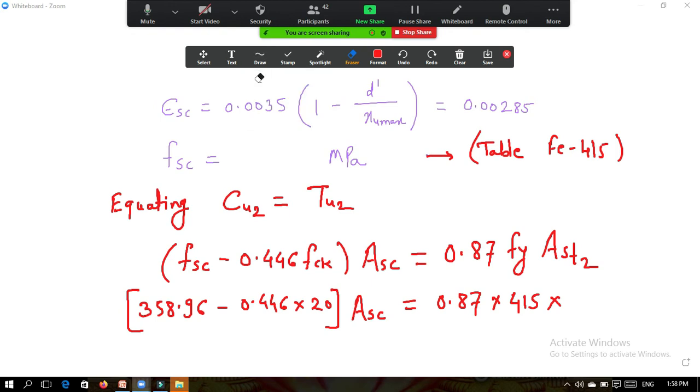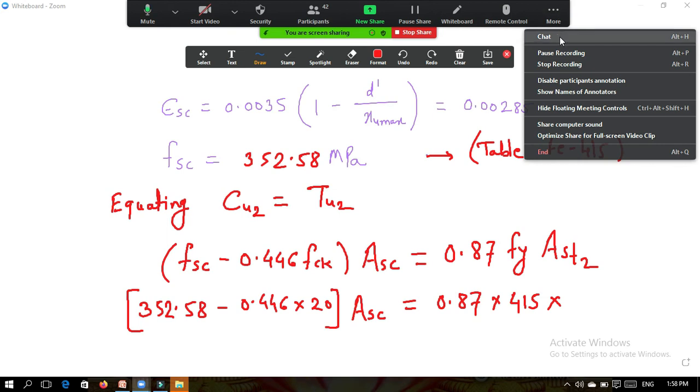So it is 352.58. Here also we need to replace the value, 352.58.